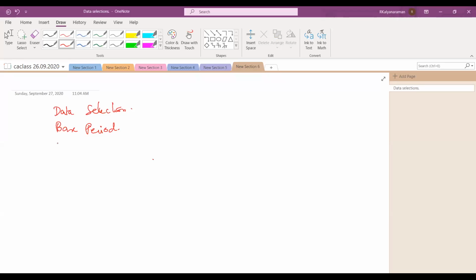Then you have selection of weights. Then you have the use of averages. And then we have the choice of variables.